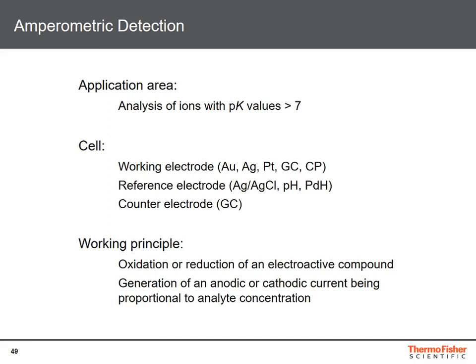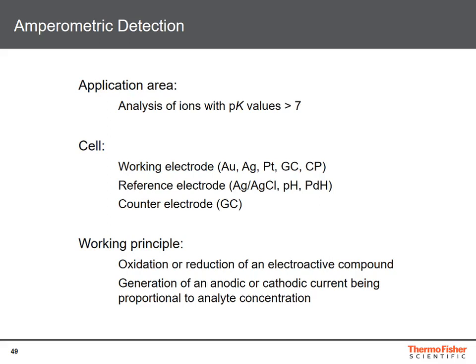The cell of an amperometric detector consists of three different electrodes: the working electrode, the reference electrode, and the counter electrode. Working electrode materials can either be precious metal such as gold, silver, or platinum, or various forms of carbon like glassy carbon or carbon paste.